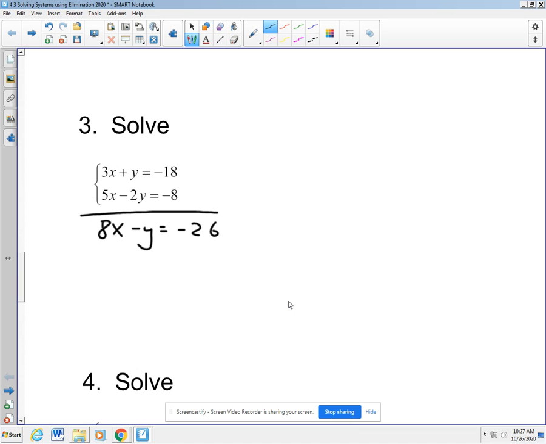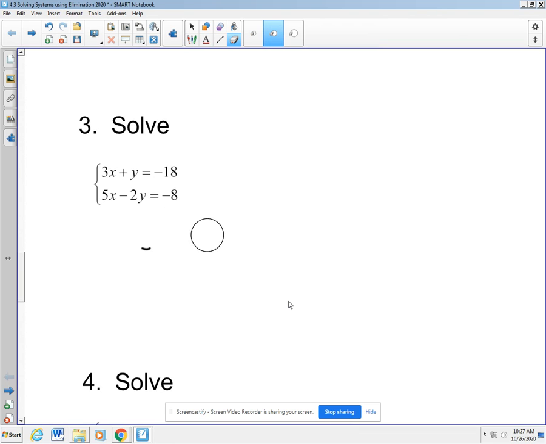So we have to do something. So what do we do? Over here, you see negative 2y. Ideally, above it, you would like to see positive 2y. Why positive 2y? Because positive 2y and negative 2y will eliminate each other.